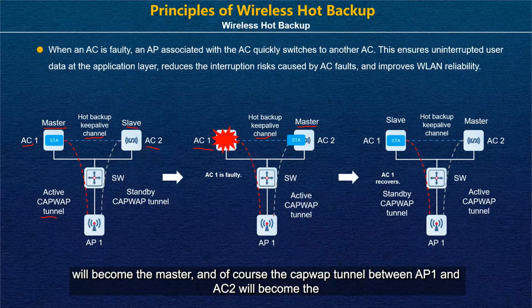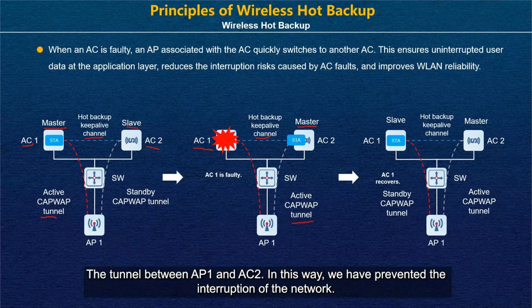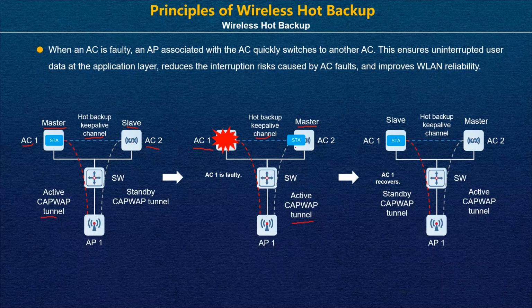And of course, the backup terminal between AP1 and AC2 will become the active backup terminal. All the traffic will go through the active backup terminal in this figure, right? The terminal between AP1 and AC2. In this way, we have prevented interruption of the network.